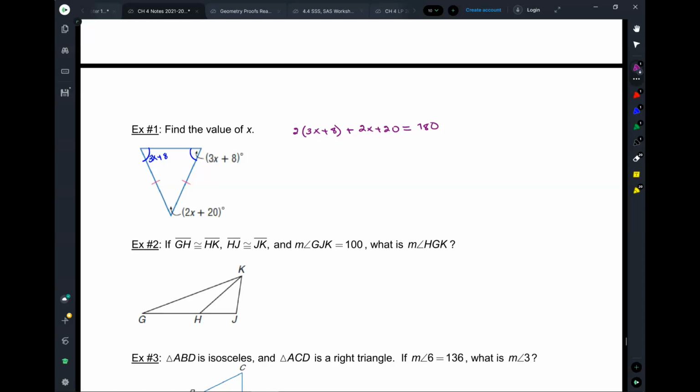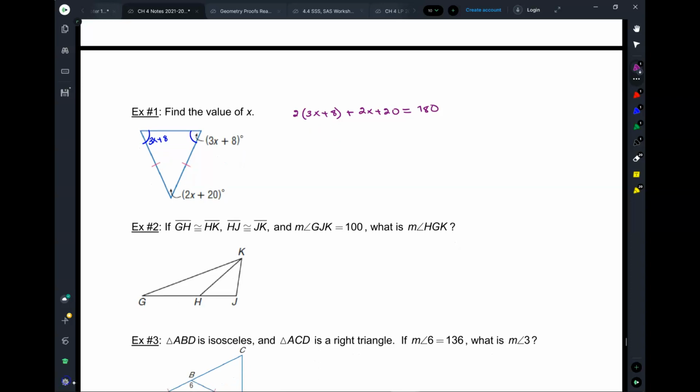So it will be 6x plus 16, and then plus 2x plus 20, that's 180. He was asking, can you set 3x plus 8 equal to 3x plus 8? You can't do that because then it'll just be 0 equals 0.